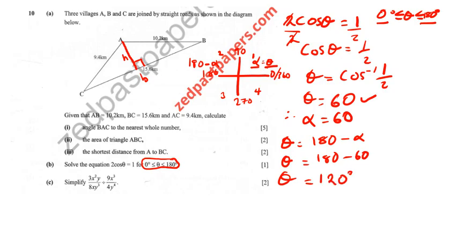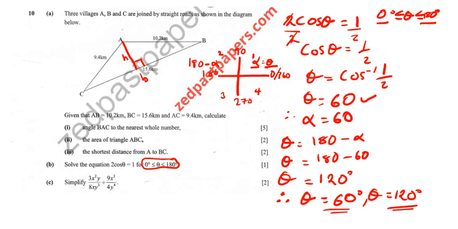Now you say therefore your solution becomes theta is equal to 60 degrees for the first quadrant, and then comma, your theta also is equal to what? 120 degrees. So this becomes your solutions.